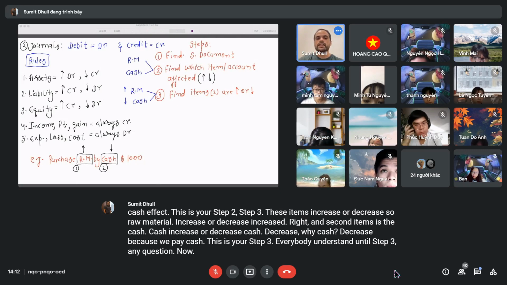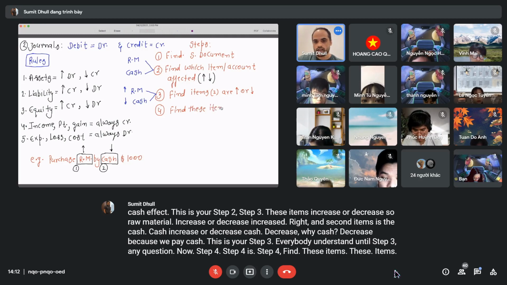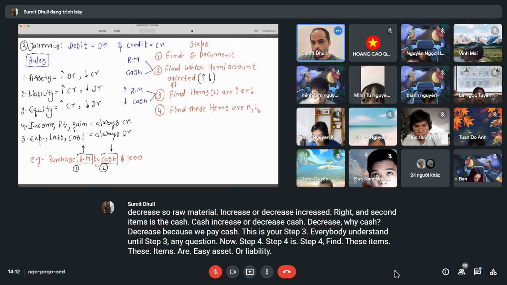Now, step 4. Step 4 is find these items. Is it asset, or liability, or equity, or income, or expense?